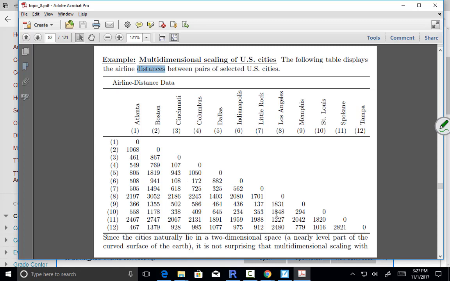We have a matrix of distances between pairs of U.S. cities. So Atlanta, Boston, Cincinnati, and so on. And all these numbers are, I think, distances in miles between the cities. Distance between Atlanta and Boston is 1,068 miles, for example.